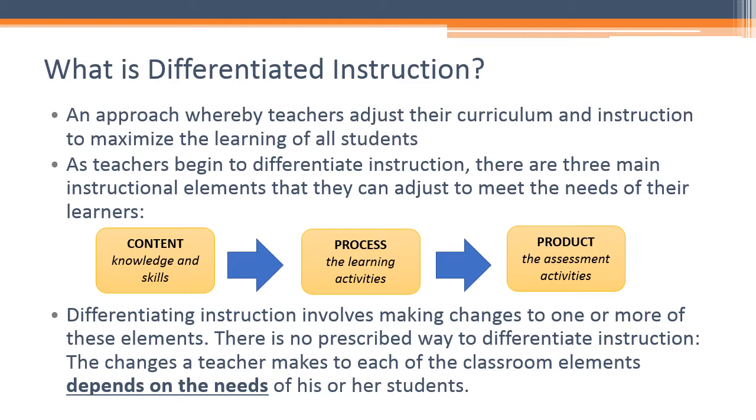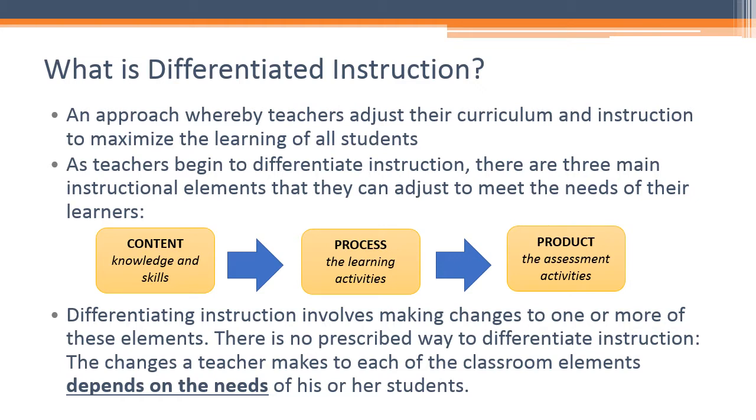Differentiated instruction is such a powerful teaching framework and approach so that the needs of these learners will be met. Differentiating instruction involves making changes to one or more of these curricular elements.